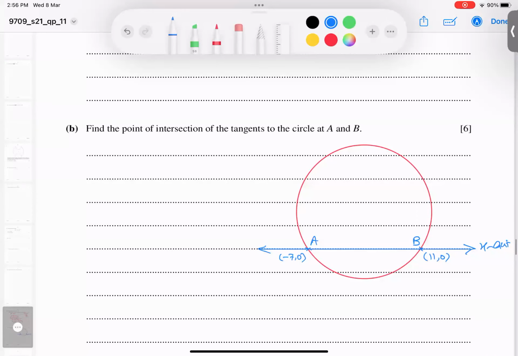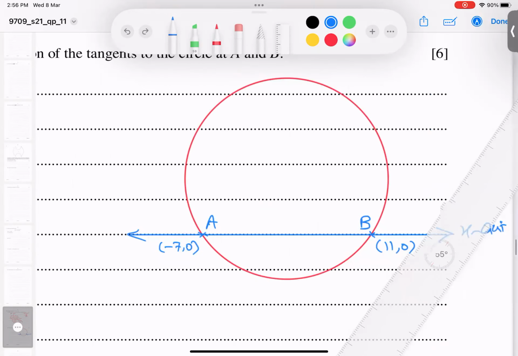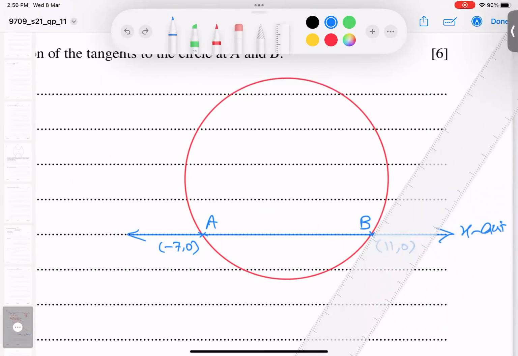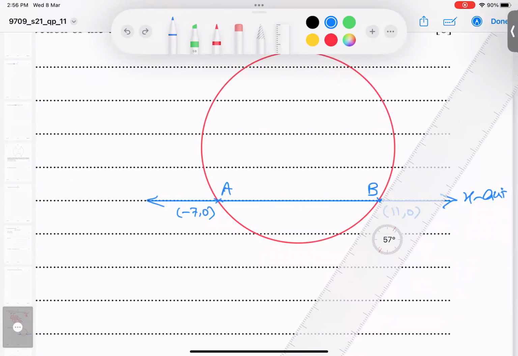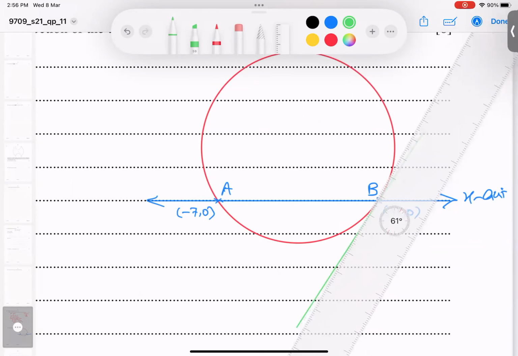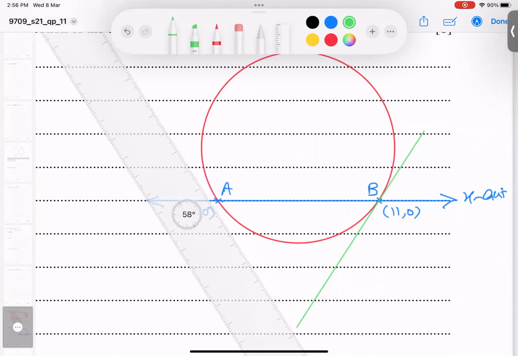Okay. And now read the statement, please. Find the point of intersection of the tangents at A and B. It means I will take a ruler and I will draw two tangents here. One tangent I'm going to make here with a green line. And the second tangent I make here, let's say, with a black line.